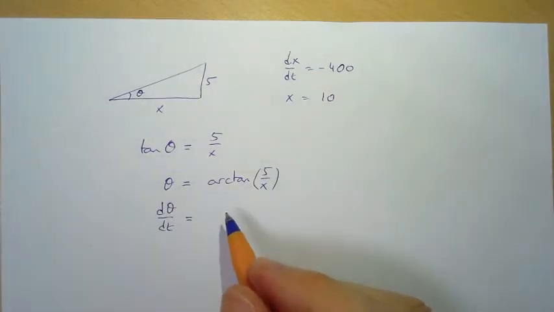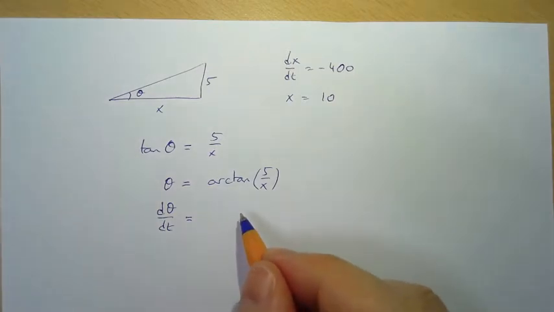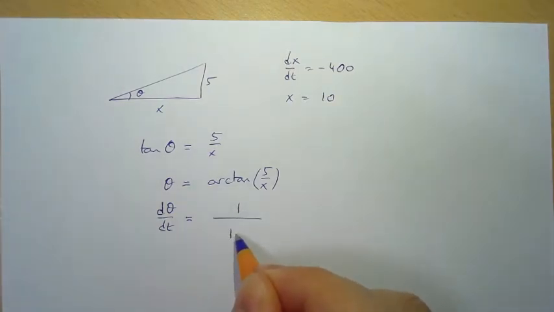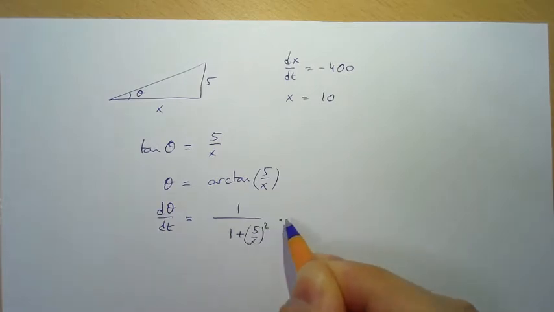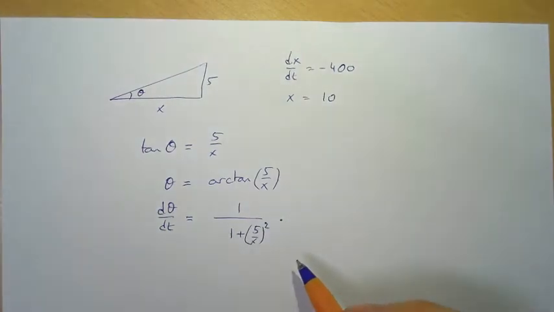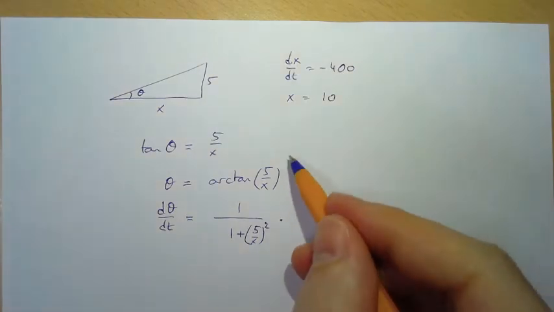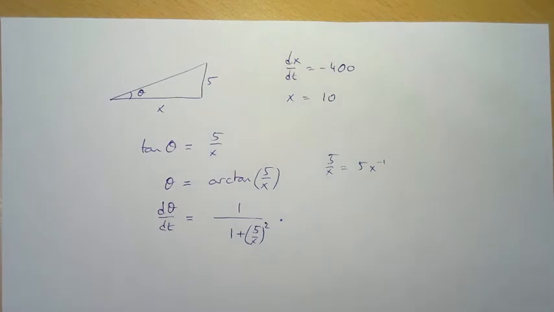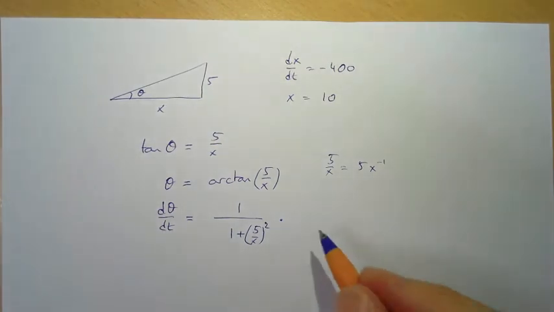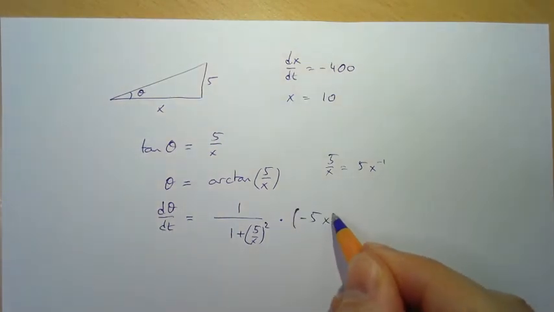is equal to the derivative of arctan, which is 1 over 1 plus (5 over x) squared, multiplied by the inside derivative. And remember, 5 over x is easier to differentiate if I write it as 5x to the negative 1, so it's times negative 5x to the negative 2.